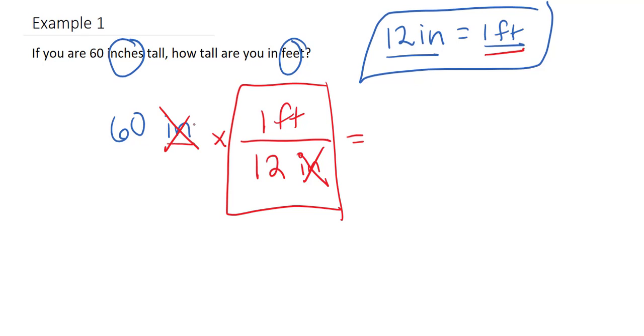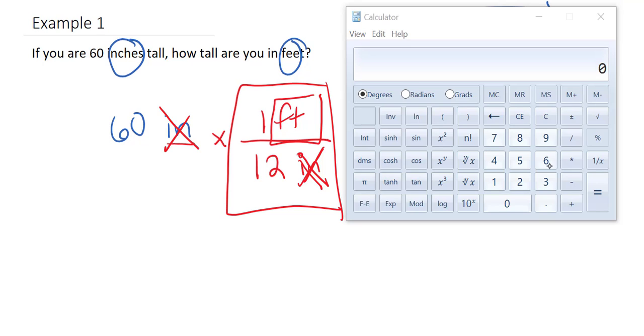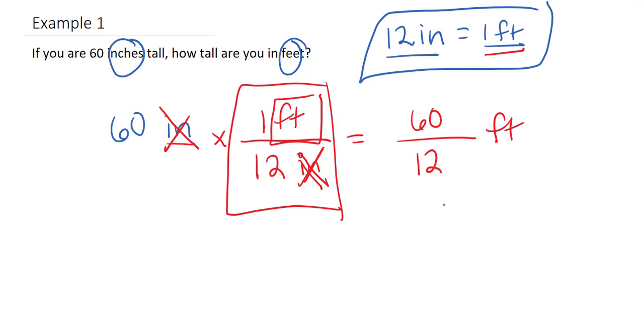So 60 inches, well, the inches cross out, we're left with feet, and then we're left with 60 times 1, so that's 60, and then 12 on the bottom, and then we're left with feet. Now 60 divided by 12, if we get our calculators out, 60 divided by 12, and we get 5. So we get 5 feet.